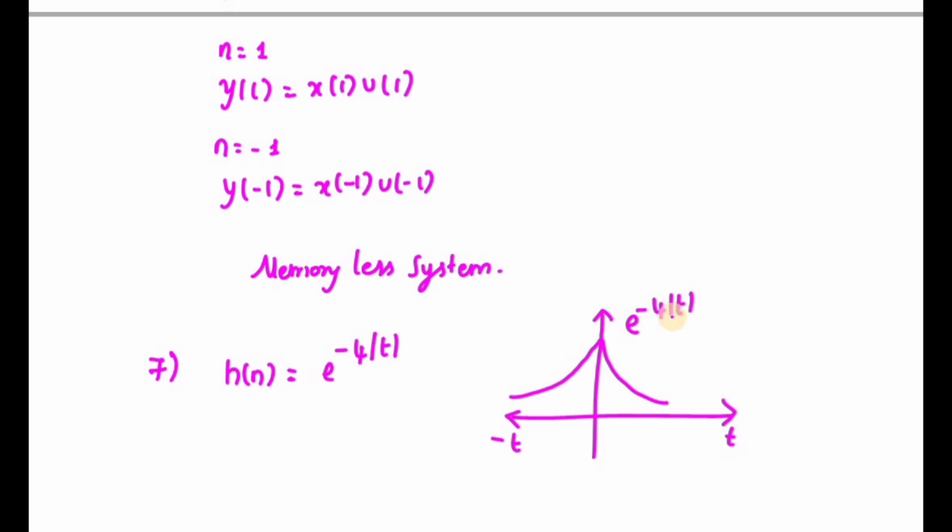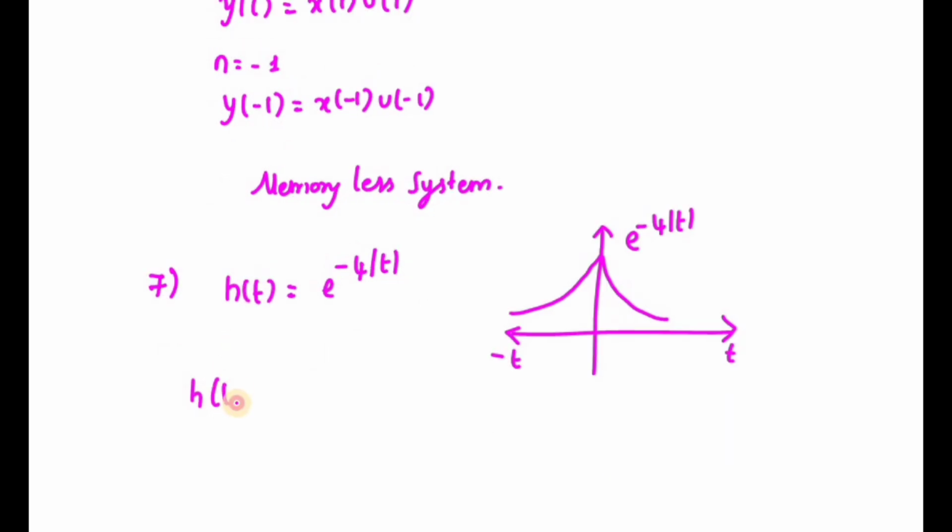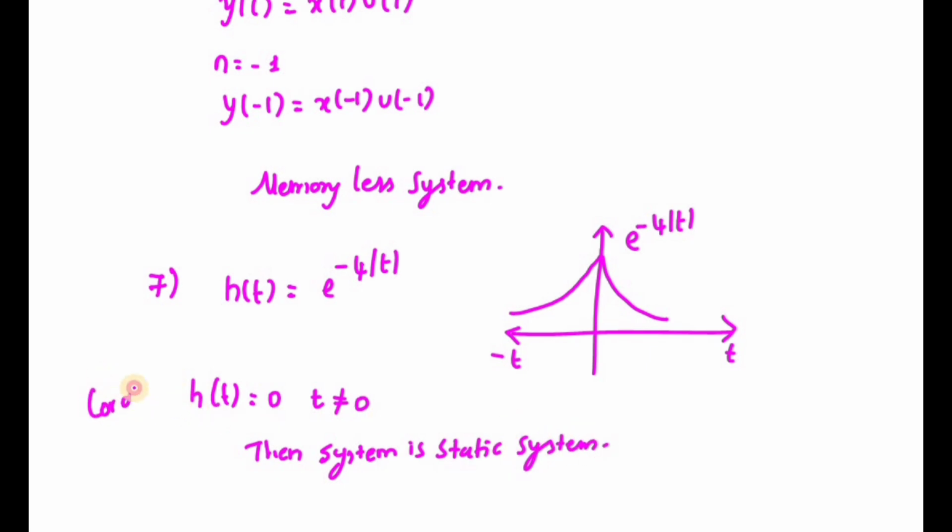Suppose the condition h of t is equal to 0 for t not equal to 0, then the system is called a static or memoryless system. This is the condition. You can see for t is equal to 1, 2 and minus 1 and so on, we have some values. Therefore, it is a dynamic system, right? Dynamic system means it is a memory system.